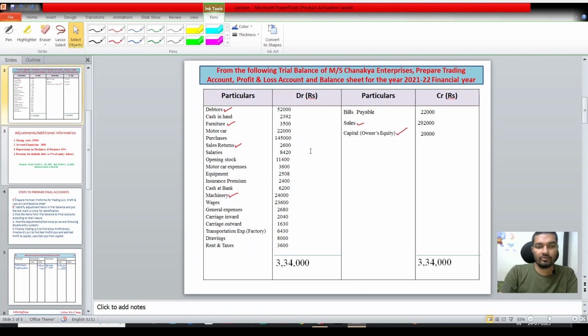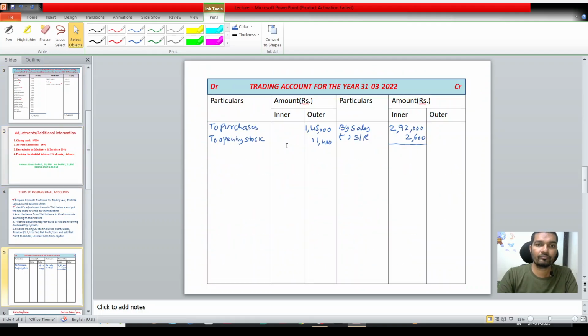Wages we pay for labor who work in factory. Factory related account is trading account, so trading account debit side. To wages 23,600.